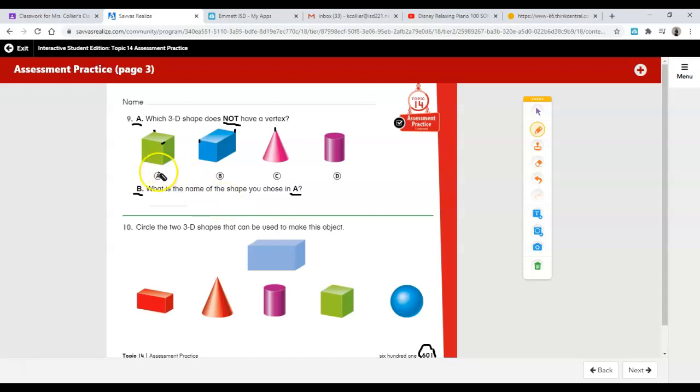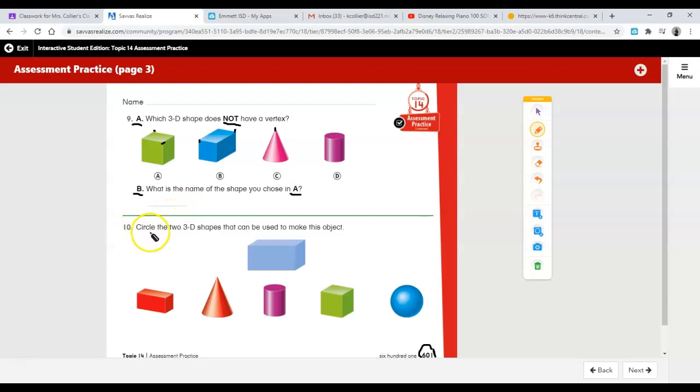So if I were to pick the first choice, letter A, and this is a cube, it says, what is the name of the shape I chose? I would write cube. But if you choose a different letter, whatever letter you choose, it wants you to write the name of it for choice B.